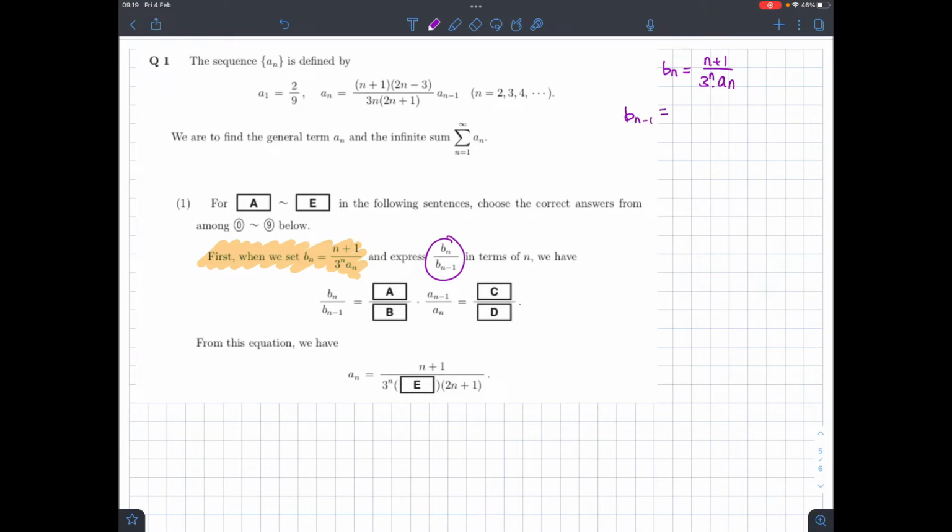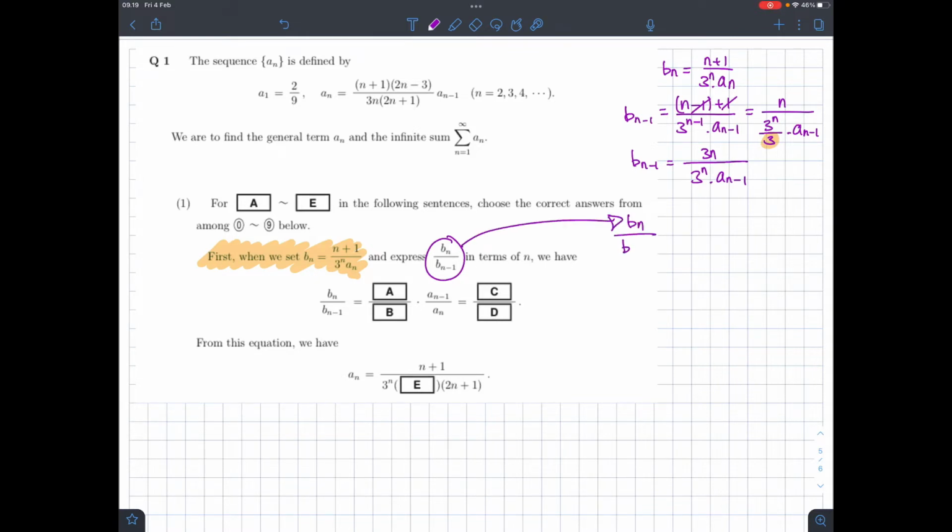So it becomes n minus 1 plus 1 over 3 to the power of n minus 1 times an minus 1. Then we simplify. This cancels out, so n times 3 to the power of n minus 1 becomes this, times an minus 1. We move this part into the numerator, so bn minus 1 becomes 3n over 3 to the power of n times an minus 1. Let's continue.